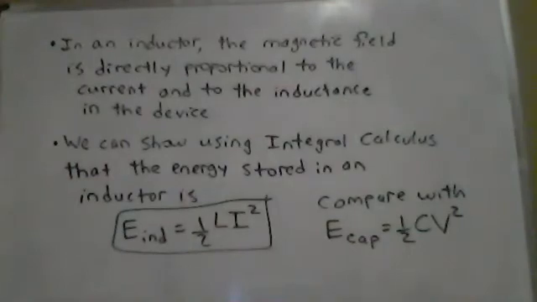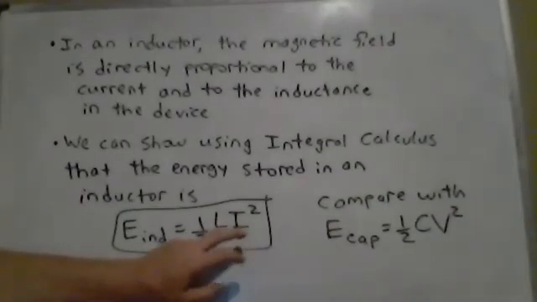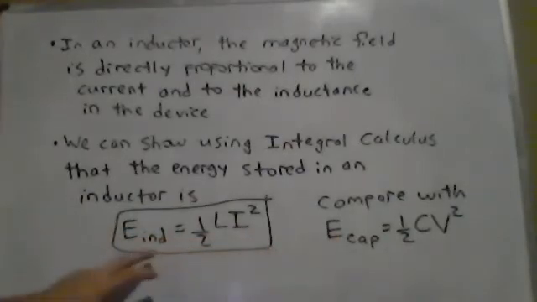All right, and you have this current squared for the magnetic energy, and the voltage squared for the electrical energy. And this is energy stored. Energy stored in the capacitor, energy stored in an inductor. All right. So again, cannot show you the particular calculation involved with this. It requires integral calculus, but you can see that there's a similar look and feel for the energy equations for both an inductor and a capacitor.